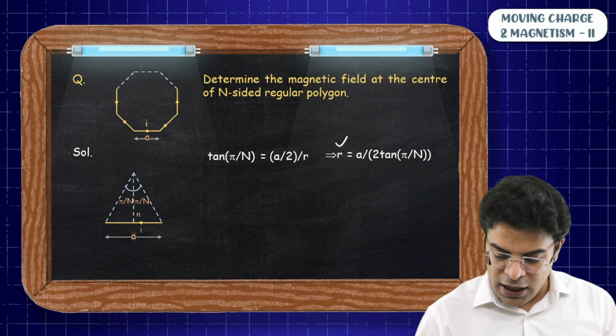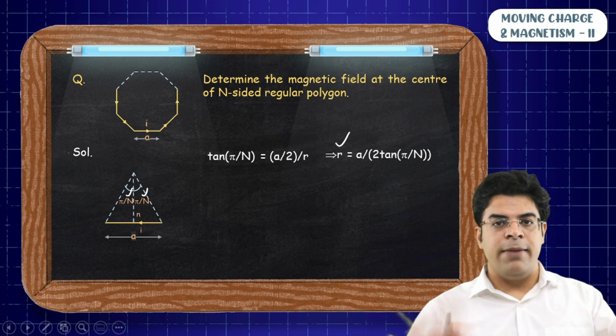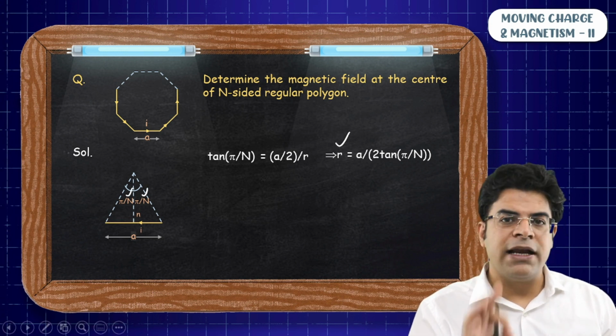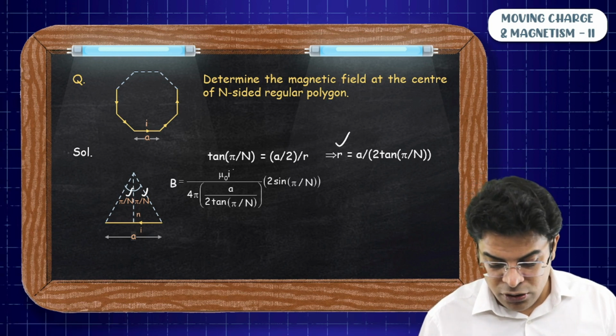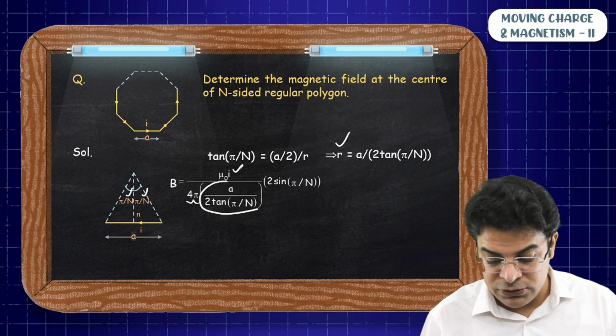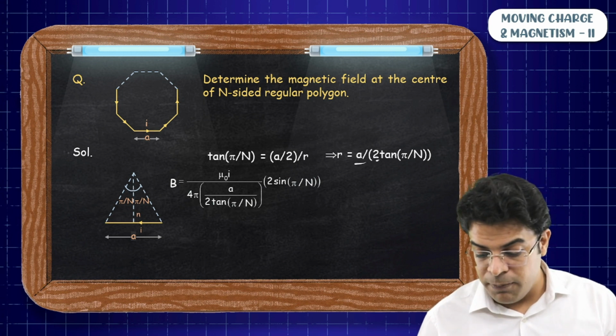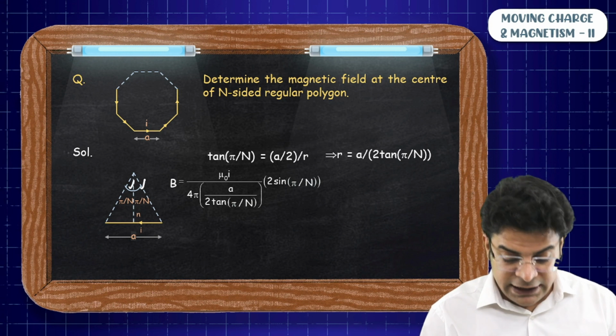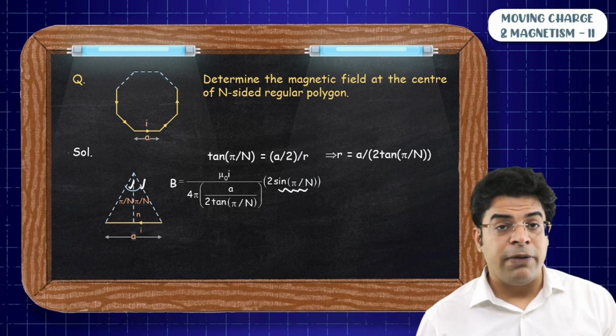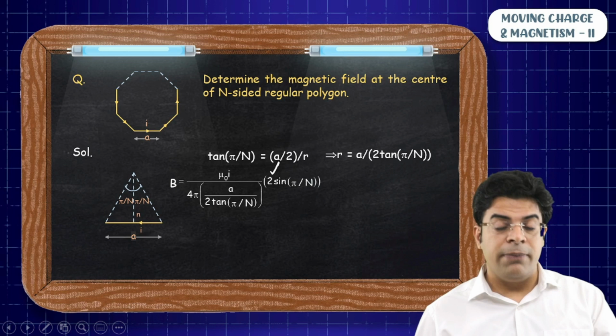Now once you know r, once you know the angle, game over. You will say that the magnetic field due to one of the sides at center will be given by mu naught I by 4 pi times r, which is nothing but a upon 2 tan pi by n, multiplied by sine theta 1 plus sine theta 2, sine pi by n plus sine pi by n, and that gives you 2 sine pi by n.